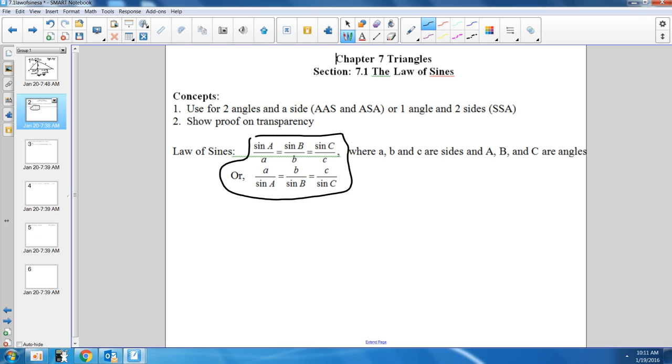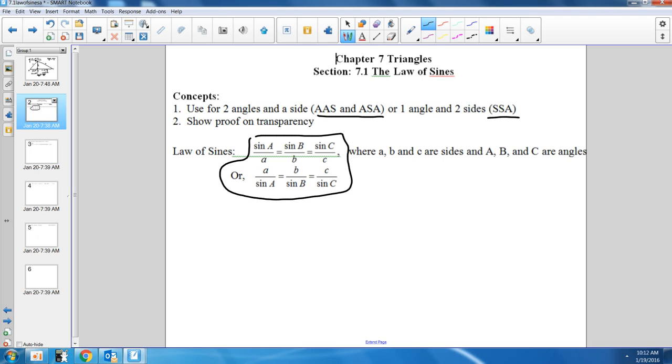We can use the law of sines in certain cases: you can do it when you're given an angle-angle-side, or an angle-side-angle, or a side-angle-angle.